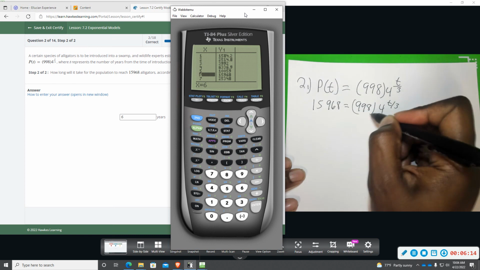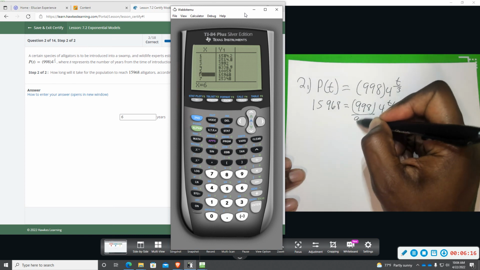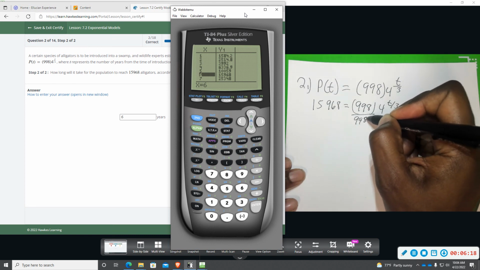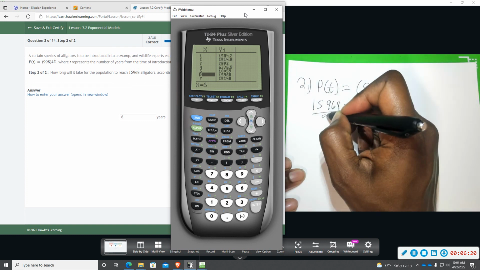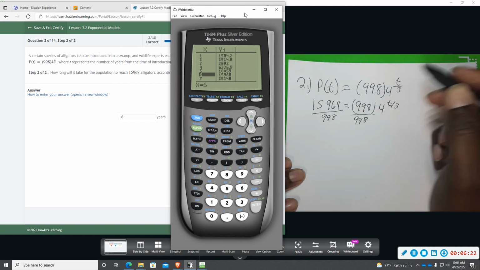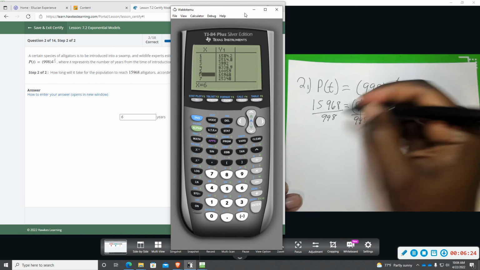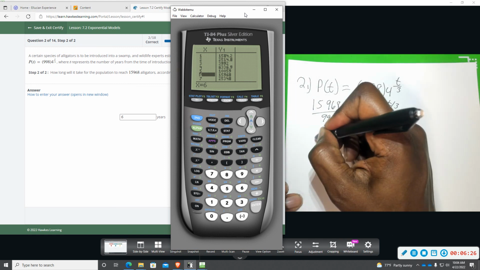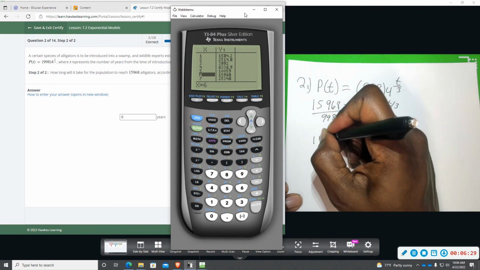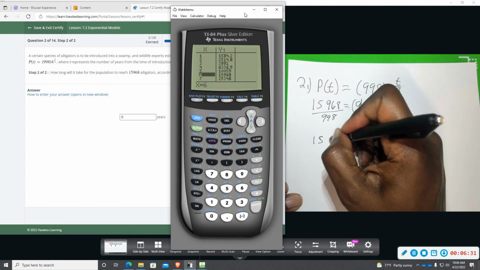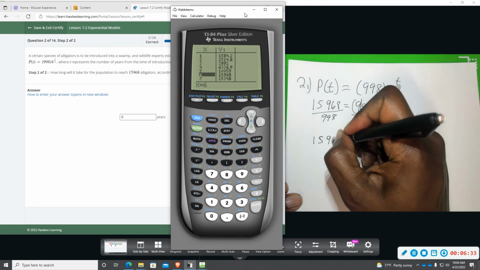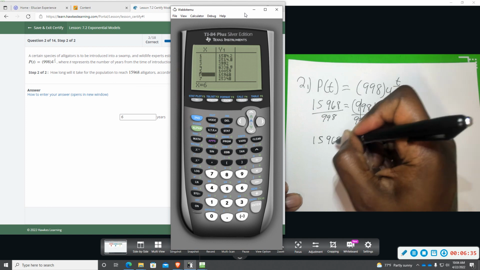Alright, so you're going to divide by the 998 on both sides. That will divide out, leaving us with whatever this is. I'm not going to actually do it yet, but I'm going to write down the formula. So you can actually divide that. I like to leave it as whole numbers because I don't know if it's going to come out to be a decimal or not.